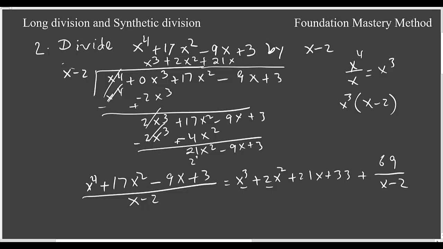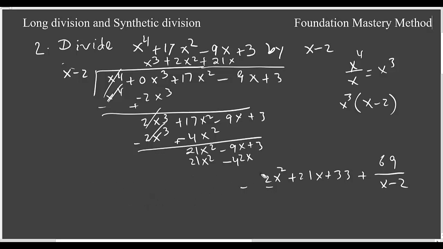When you distribute that one here, you get 21x squared minus 42x. Let me have some space here, and we change the sign, so this cancelled out here.